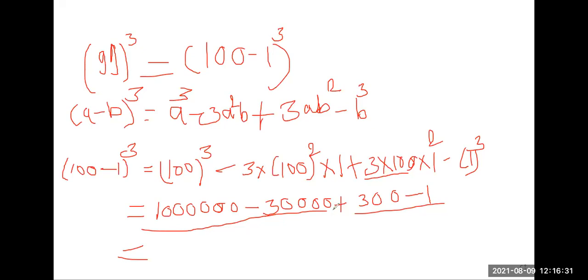What will you get? 9 lakh 70,000, and plus this 299, so you get 9 lakh 70,299.